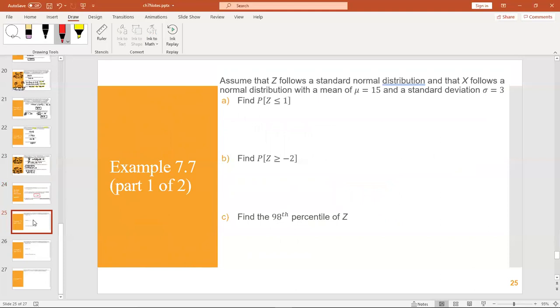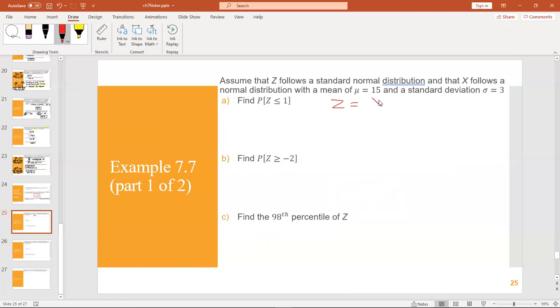So assume that z follows a standard normal distribution and that x follows a normal distribution with mean 15, standard deviation equal to 3. So what we're going to do is find the probability when z is less than or equal to 1. So the first thing we need to do is find the z-score that's going to correspond with this.